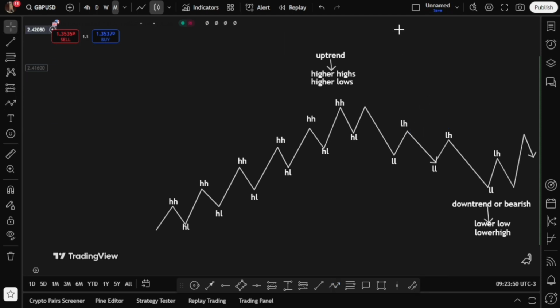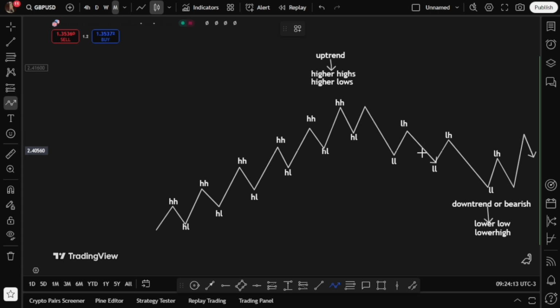Now the third thing to note is, how do we know that a downtrend is coming to an exhaustion? Remember, I told you guys in the previous trend that before a higher high can be called a higher high, it must break significantly above the previous higher high.